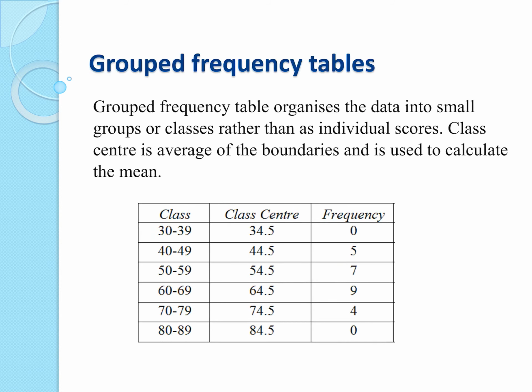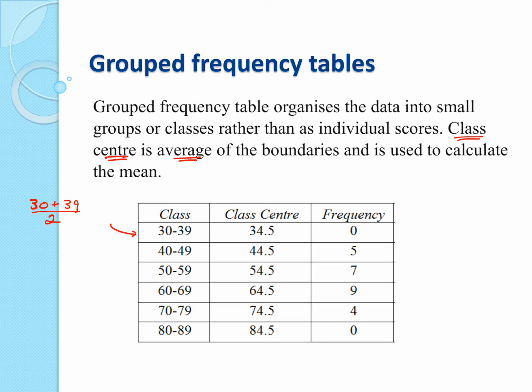Right, welcome back. So the next type of data display that we're going to look at is a grouped frequency table. The class center is merely the average of the classes. Meaning, for instance, with this class that is data that falls within 30 to 39, that class center is arrived at by 30 plus 39 divided by 2.